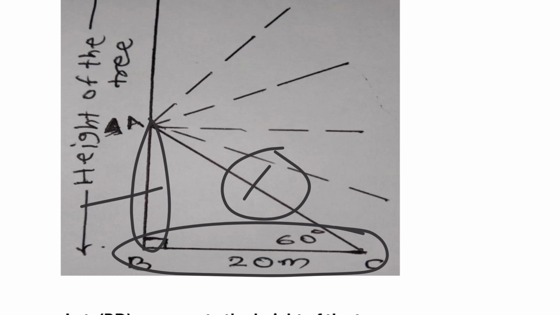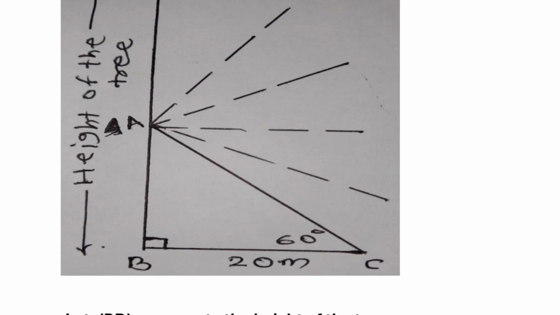Top of the tree touches the ground at C. The distance between these two is given as 20 meter. Now when this top touches the ground, it makes an angle of 60 degree with the horizontal BC.